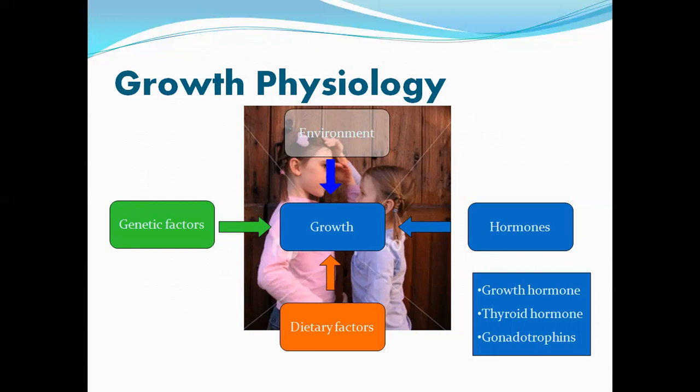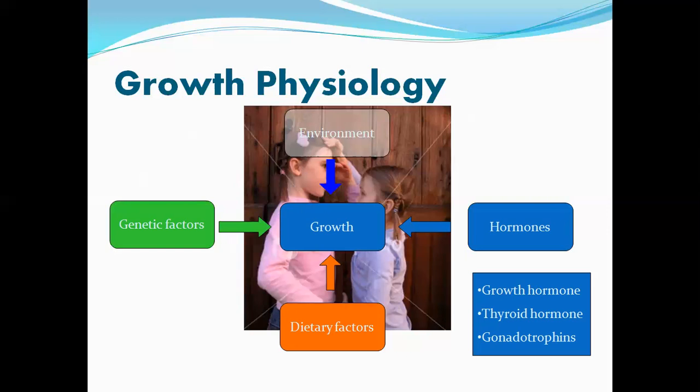Environment: if the baby is living in an environment where food is not sufficient, then definitely he is not going to achieve the destined height. Dietary factor: if the food is scarce and there is competition for food, that will also affect the height of the baby.